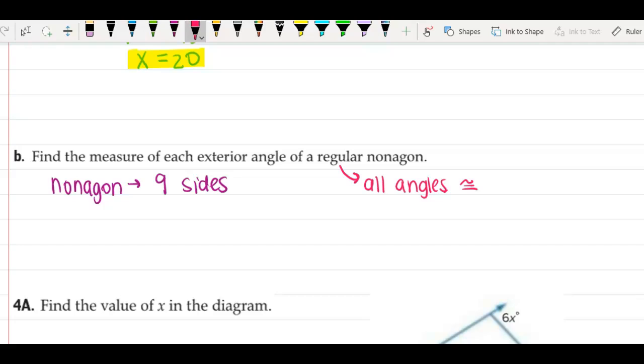If it has 9 sides, it has 9 interior angles, which means 9 exterior angles. Number of sides, interior angles, and exterior angles are all the same. They should all add up to 360, so 360 divided by 9 means each exterior angle should be 40 degrees. It's a little simpler than the interior.